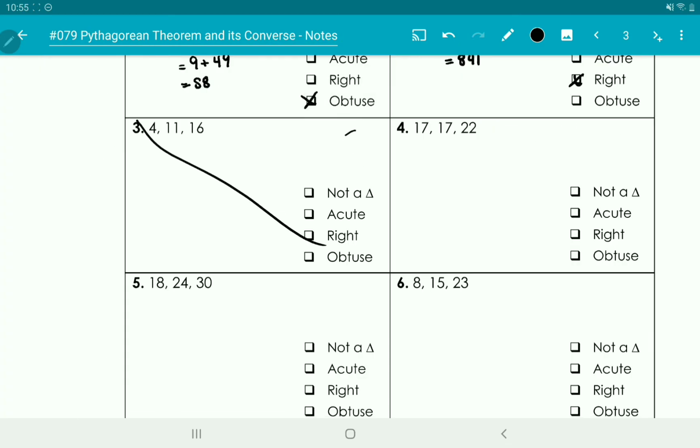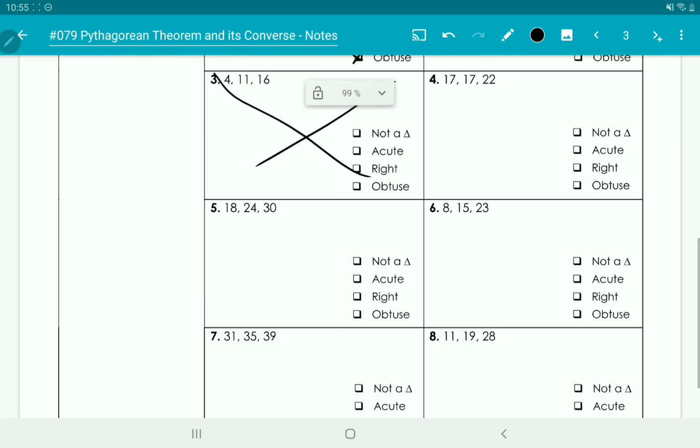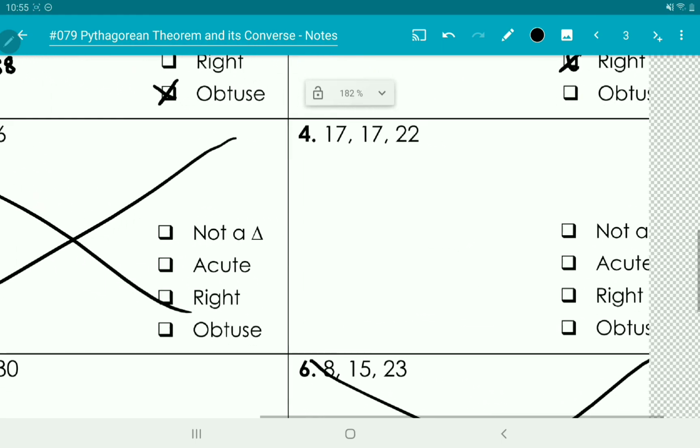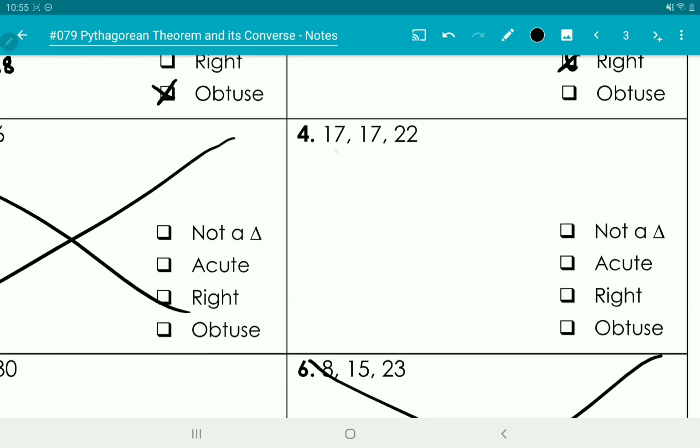We're going to actually skip number 3, and I also want you not to do number 6. So again, figure out what a squared, b squared, and c squared are. C squared is going to be 22 squared, which is going to give us 484.